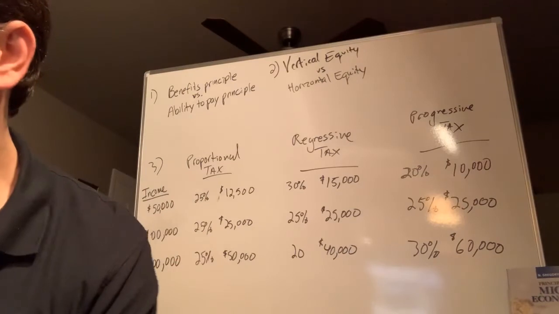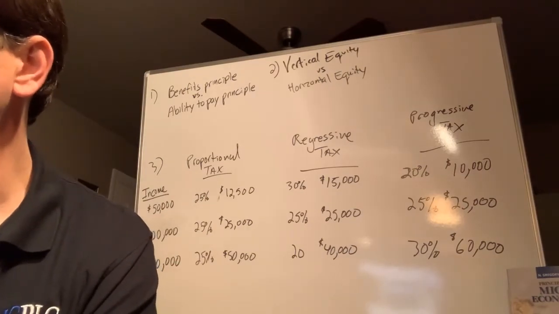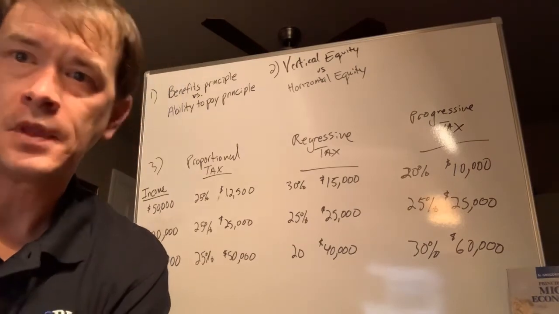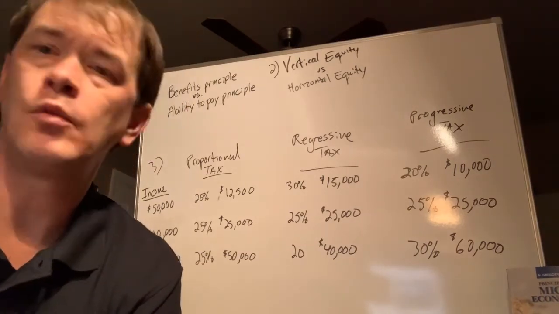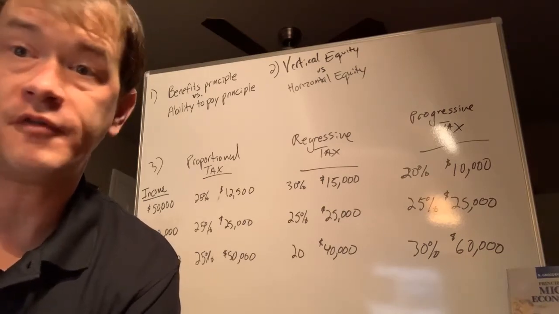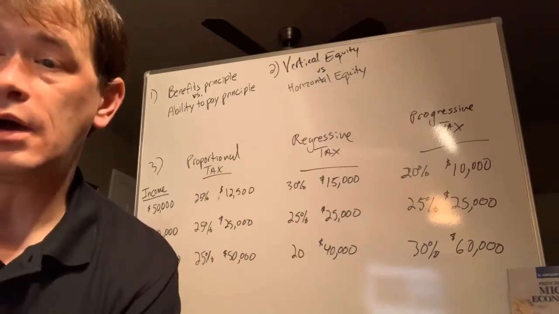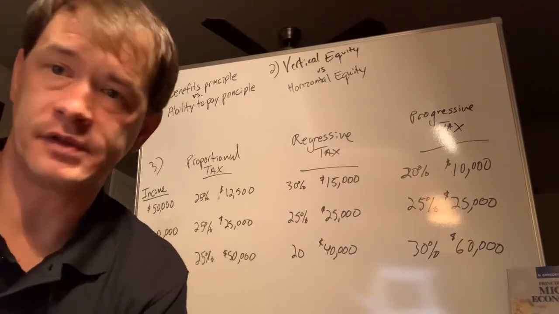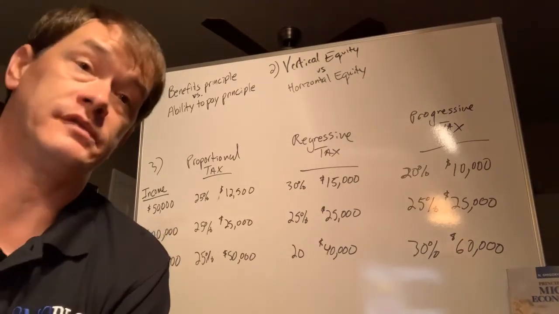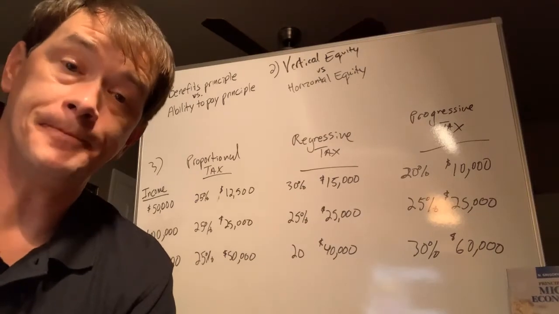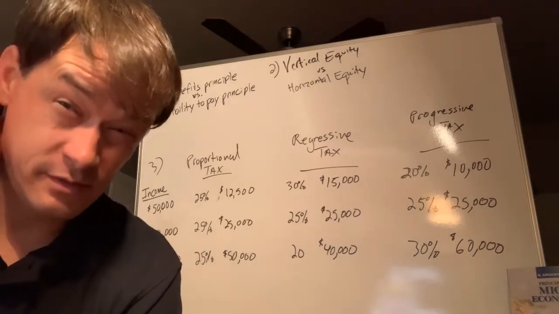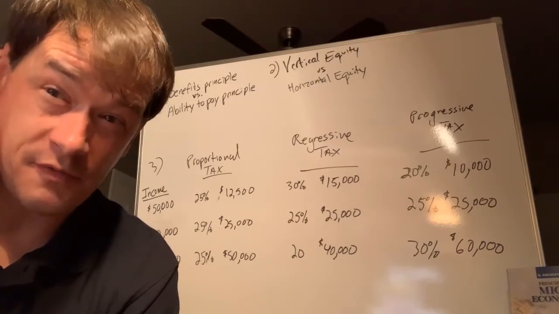Ability to pay principle: the idea that taxes should be levied on a person according to how well that person can shoulder the burden. So for example, 911 services. We all want it. We all need it. Hopefully you don't have to use it. But someone who's earning $12,000 a year versus someone who's earning $120,000 a year, they have a significantly different ability to pay for first responders.